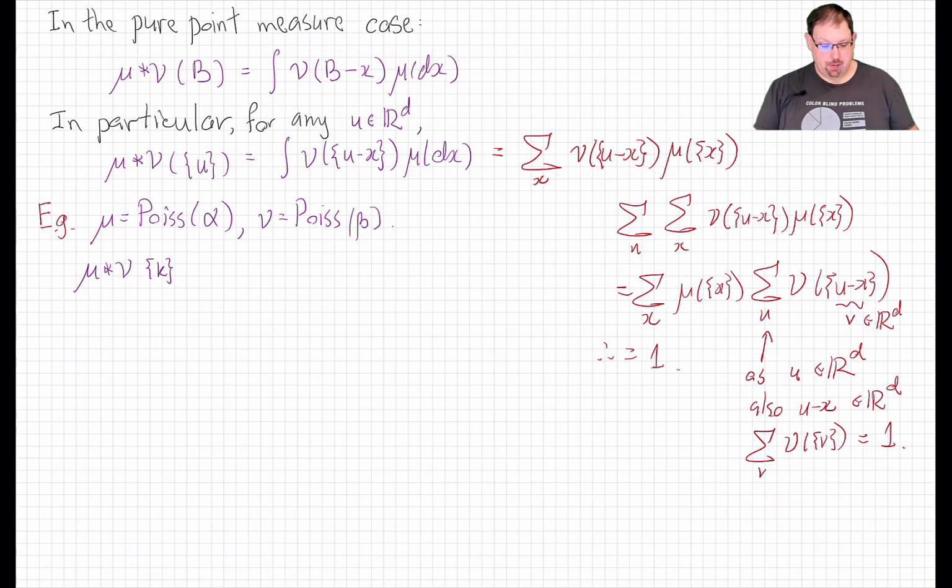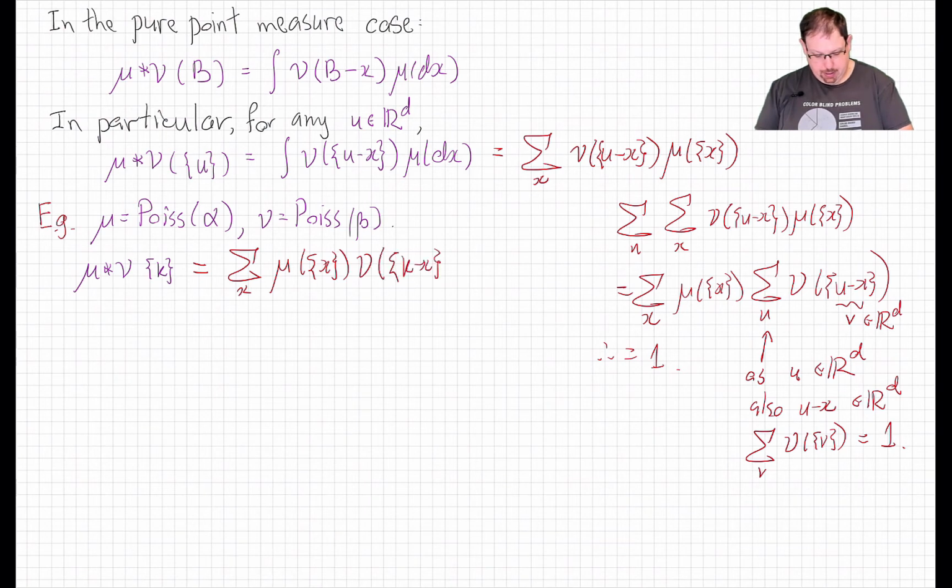So the convolution of these two measures gives the following mass to a number k. It's the sum, and we'll just be general for the moment and say over all real numbers x of mu of the singleton x times nu of the singleton k minus x. Now, of course, the terms in that sum are almost always 0.